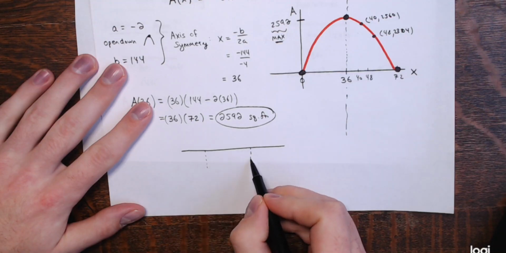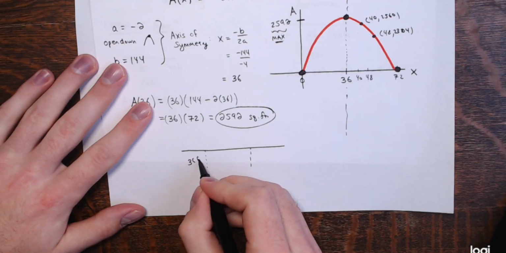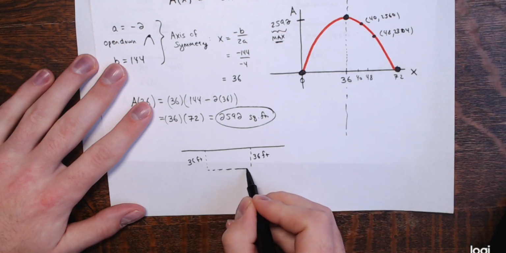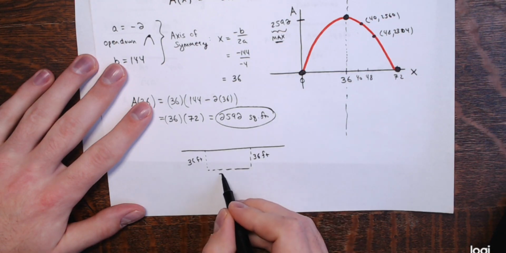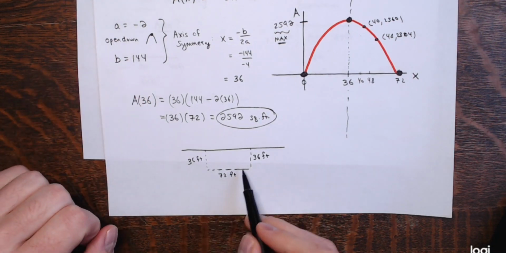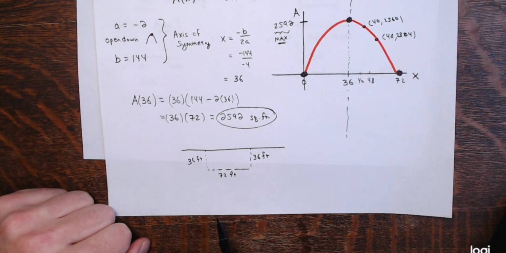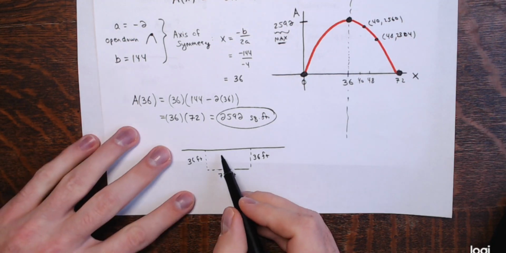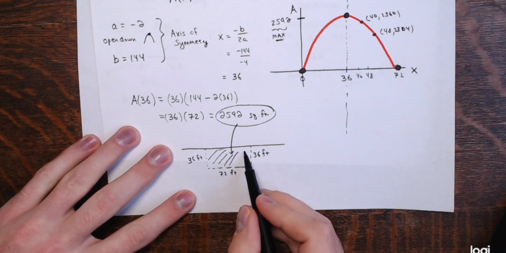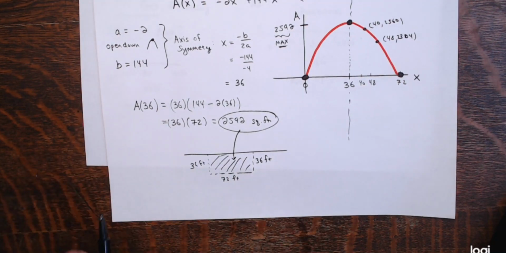I make these two lengths 36 feet. That'll give me the largest area possible. And if those are 36, then the width is 72. So 36, 72, 36, that's 144 feet of fencing. And this is the area taken up by this fencing, and that's the largest area possible.